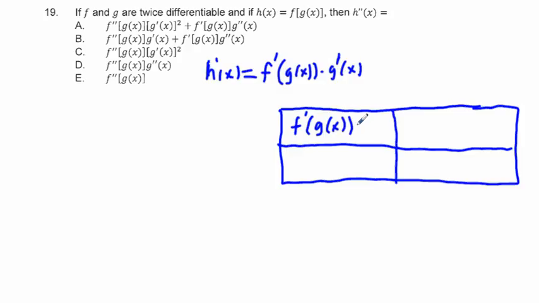And what's going to be the derivative of f prime of g of x? Well, it's going to be f double prime of g of x times the derivative of the inside, which is going to be g prime of x.